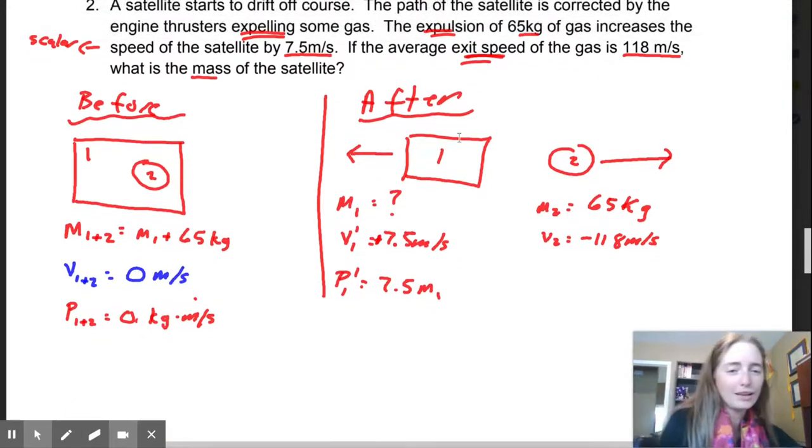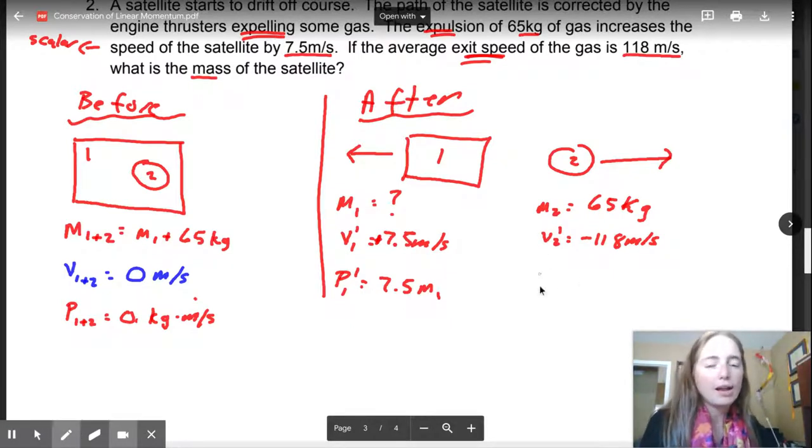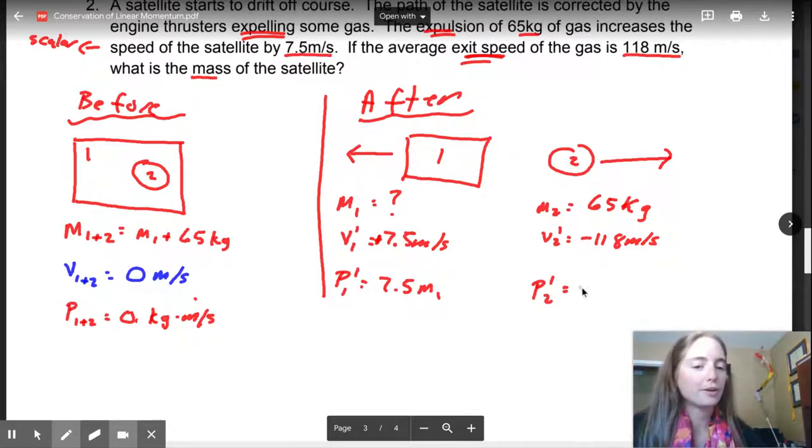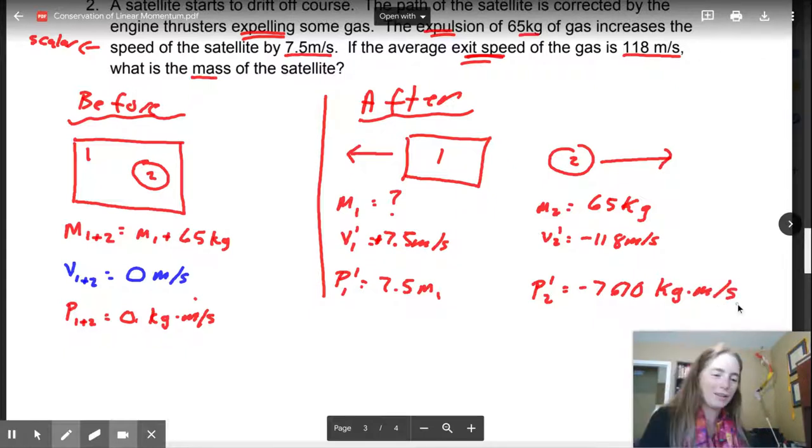Well, that's my V2 prime. I can absolutely calculate P2 prime over here. I'm going to multiply those two values together, and I'm going to get negative 7,670 kilogram meters per second. Cool beans.